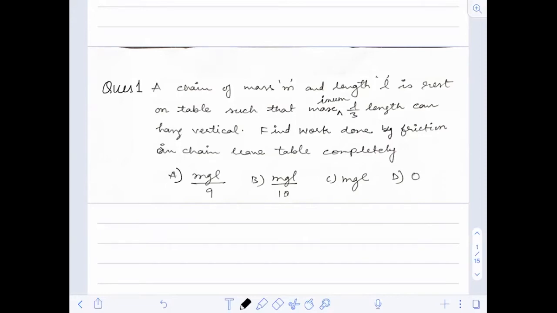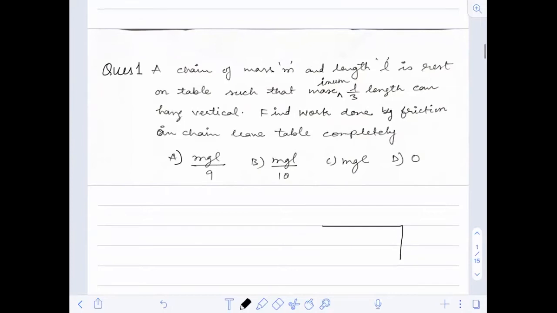So what we have is a table like this, and we have a chain like this. If the complete length of the chain is L, and the maximum length that can hang from the table is L by 3.